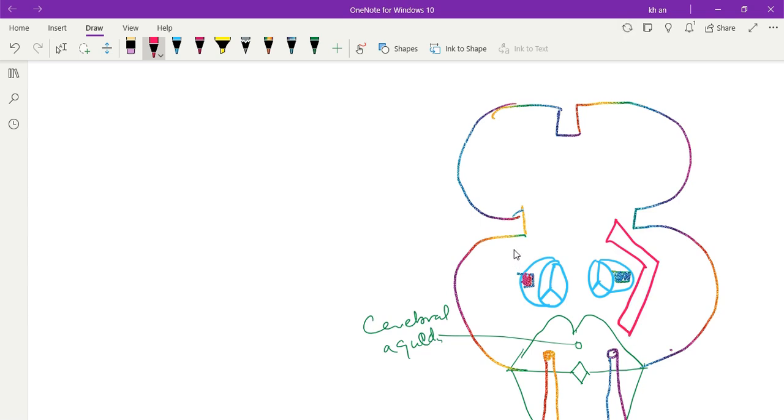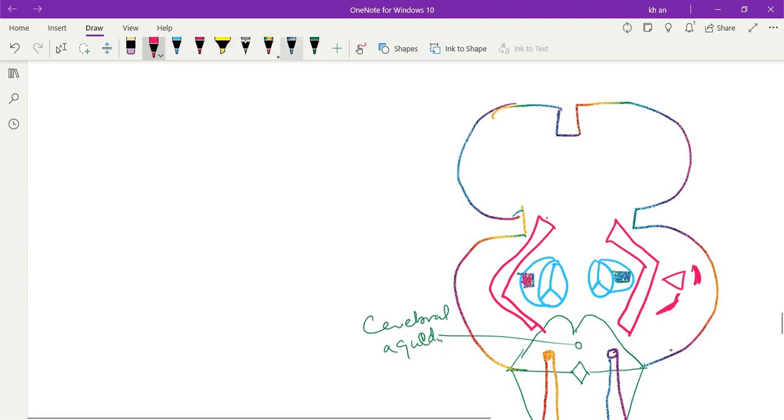With the internal capsule, if you want to remember, this one is called the lenticular nucleus, and there is the outer capsule, and in the middle there is the caudate nucleus. But you don't need to remember that because that is not included in our pathway.